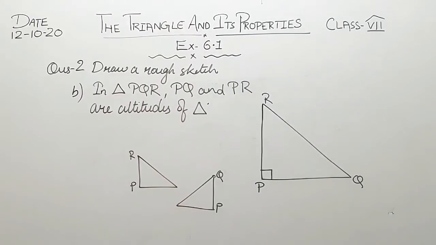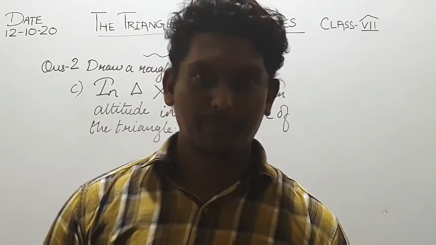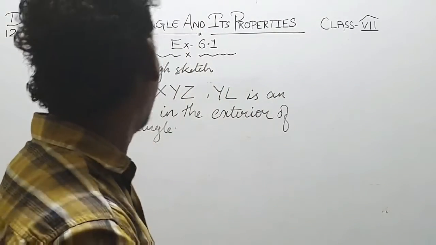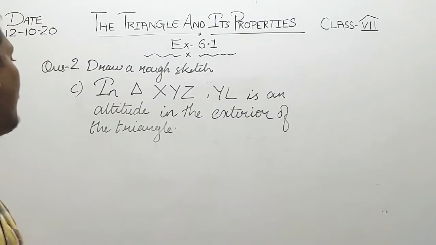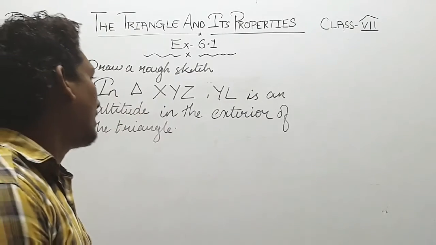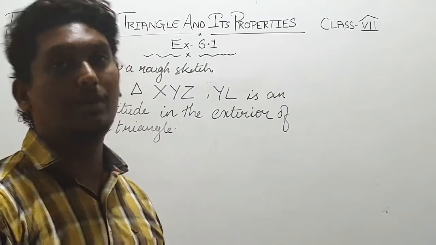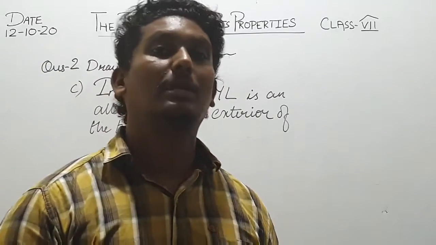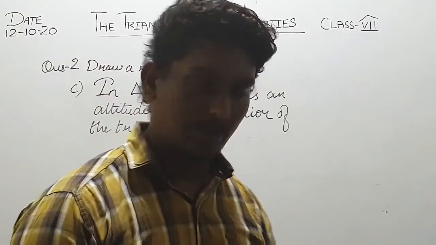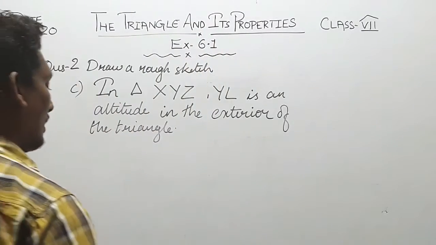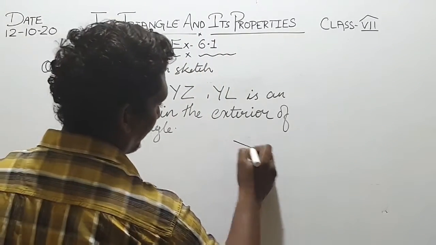We now come to question number 3, next part. Here we have to draw a figure. In a triangle XYZ, YL is an altitude in the exterior of the triangle. Exterior of the triangle means it should be outside the triangle. The figure will be like this.